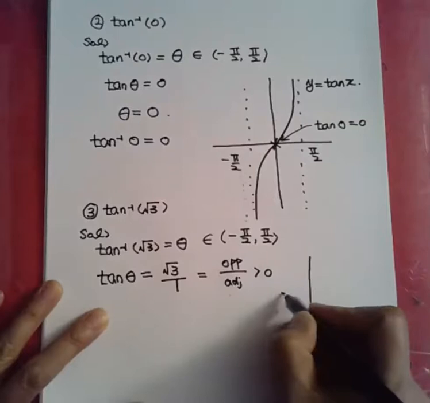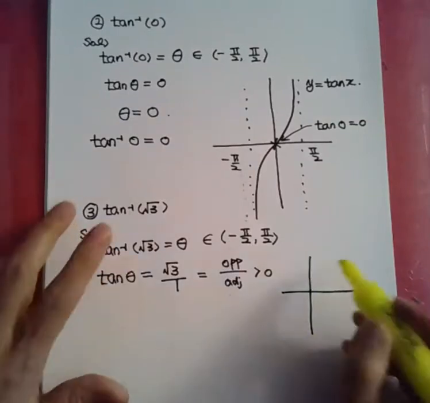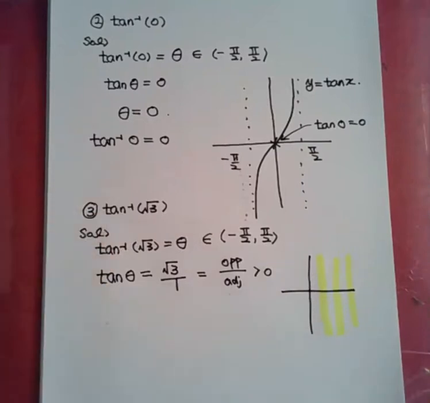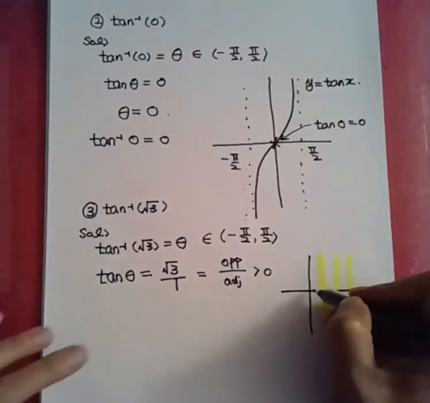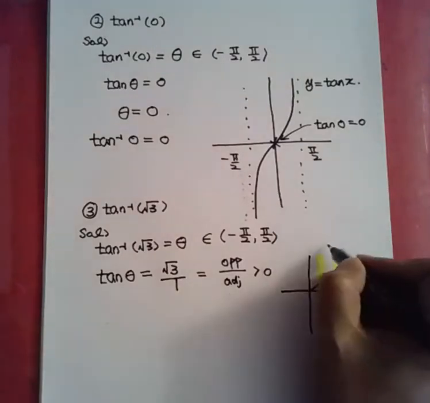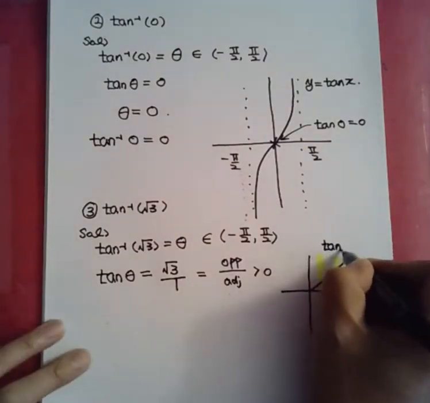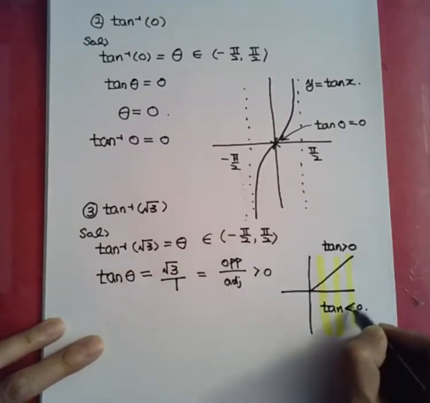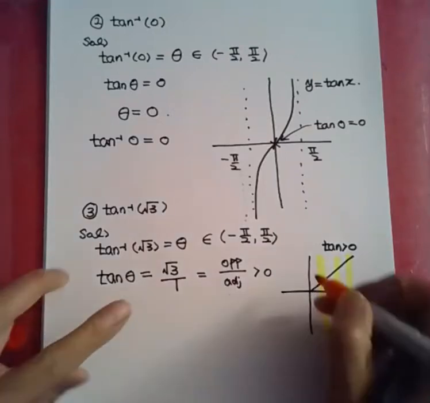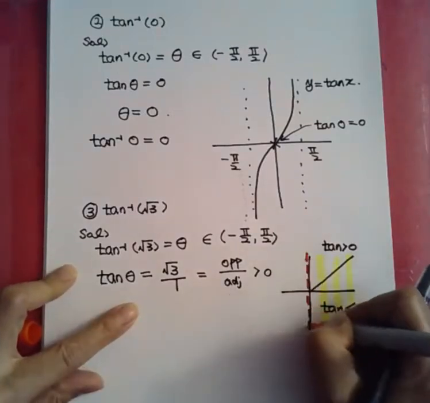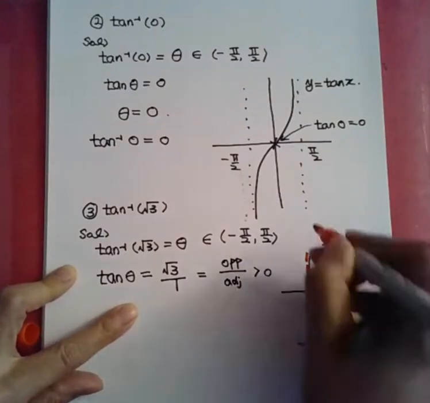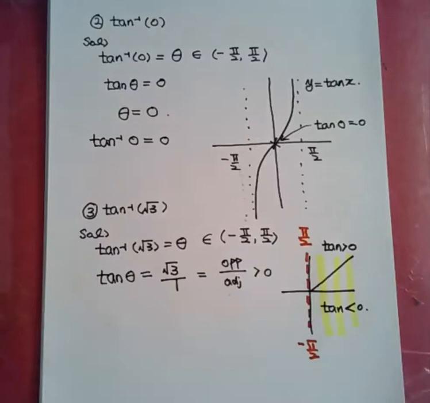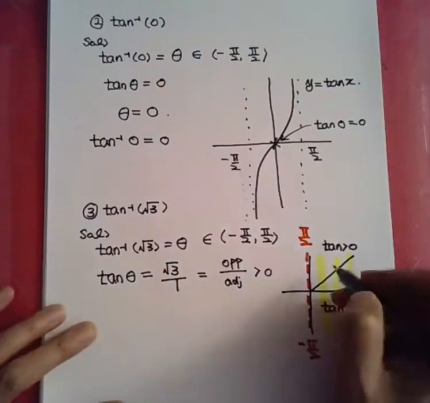So when we think about the range of tangent, we can say that theta is located in the first quadrant because tangent is positive in the first quadrant and negative in the fourth quadrant. Any angle in the first quadrant is an acute angle.